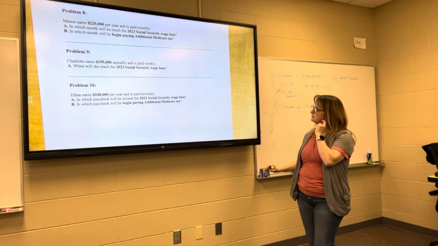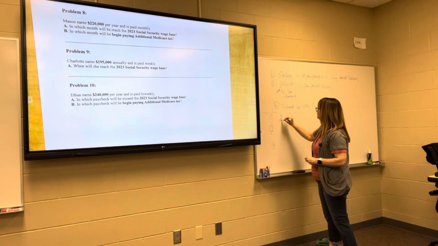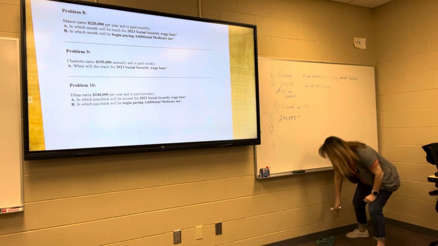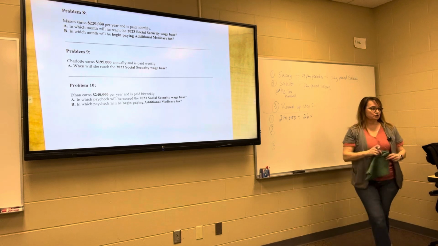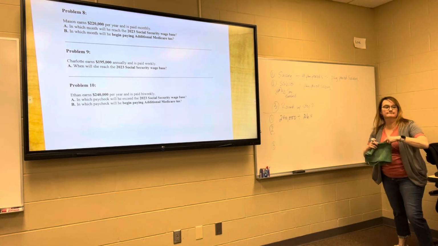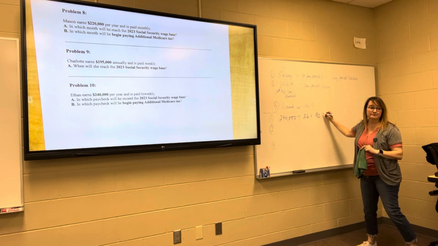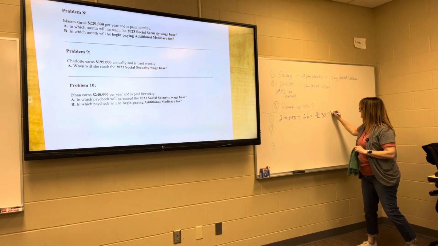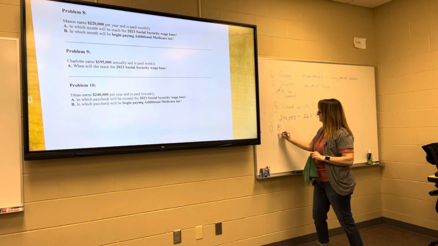So $240,000 a year paid bi-weekly. 240 divided by 26, which is how much? 92.30 and 76. Okay, and again, we've got two parts to this.